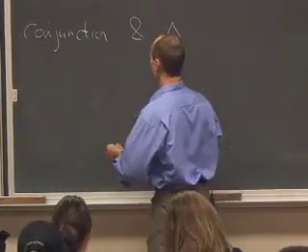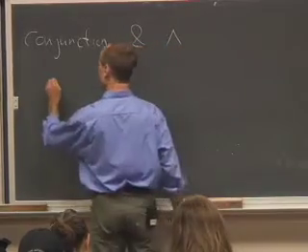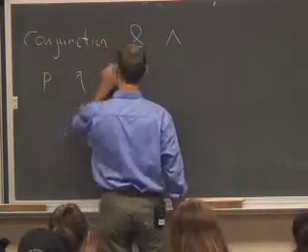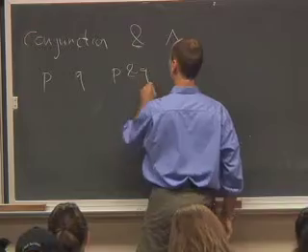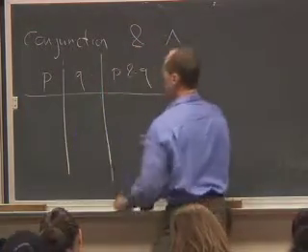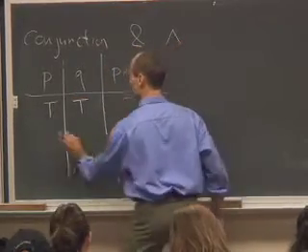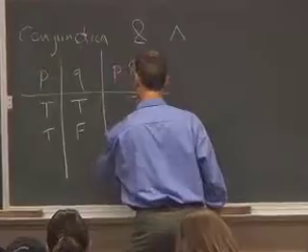All right. So the truth table for conjunction, for and, is P, Q, P and Q. If they're both true, then this is true. Otherwise, it's false.